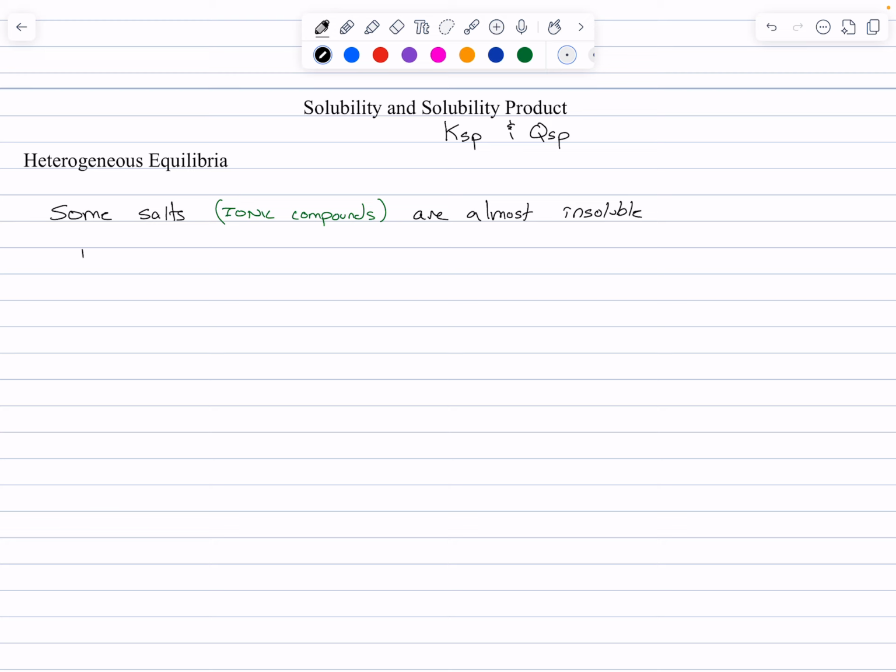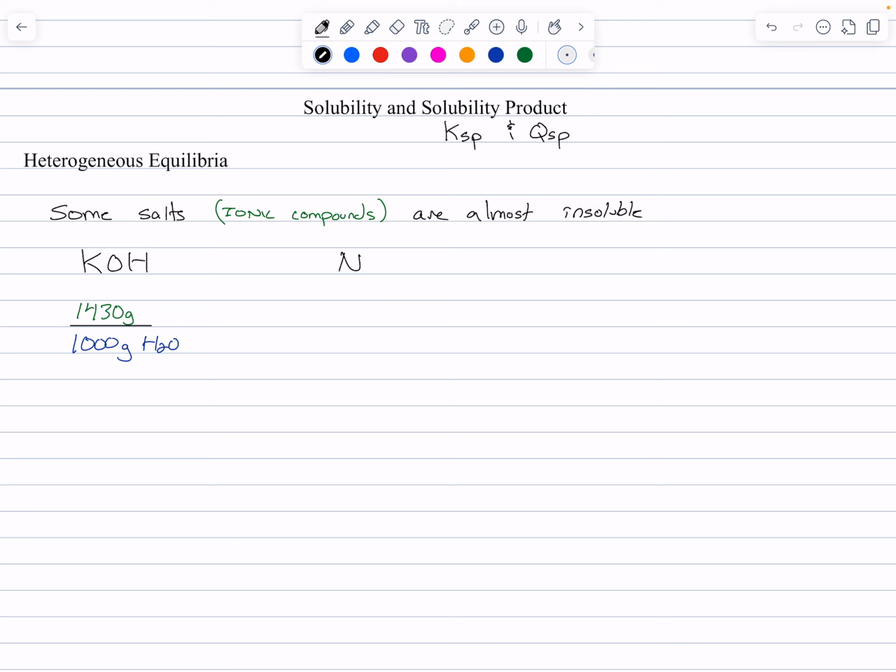If you took potassium hydroxide, and we're going to put this per 1,000 grams of water, so if I have 1,000 grams of H2O, how many grams of potassium hydroxide can dissolve? Well, at 25 degrees Celsius, it's 1,430 grams, which is a lot.